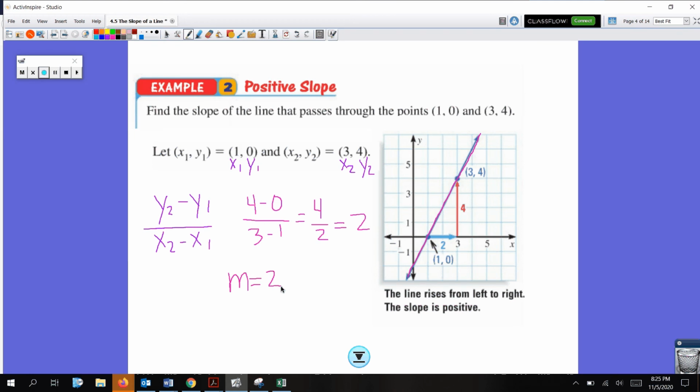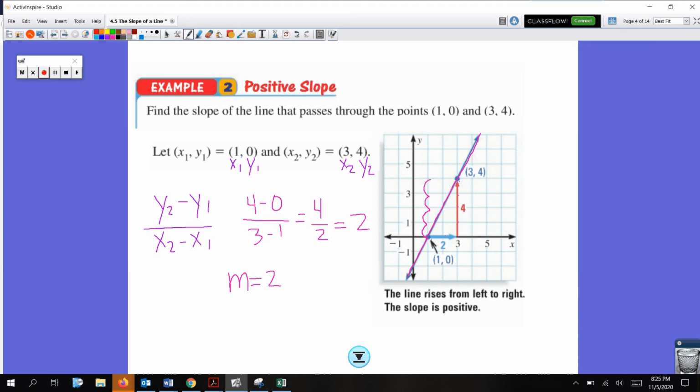We can always count units too when given a graph. So rise over run. If we count up, 1, 2, 3, 4, count over 2, 4 over 2, it's 2, right? If I went this way, I could also do here, right? We could count up 1, 2, 3, 4.